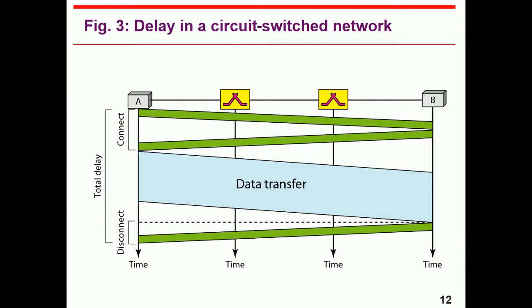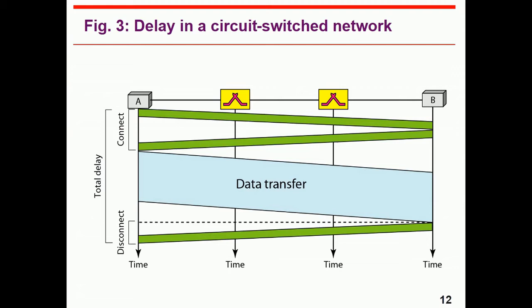This is the delay diagram in a circuit switched network. There are two devices which wish to communicate, A and B, and there are two switches between them. So a 3-step process is used in the circuit switched network.